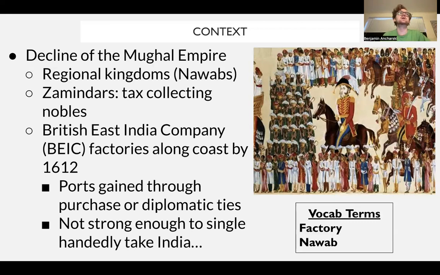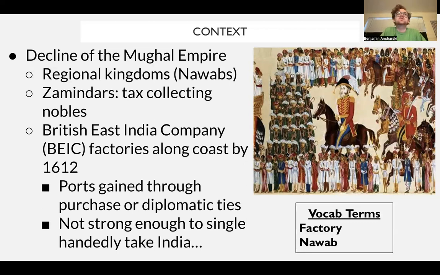So let's take a look at that change. How is the British East India Company going to acquire more and more influence over India? Before I continue, it is worth noting that the British East India Company was a chartered company. So it had government approval from the British back in Great Britain. But it was, for the most part, a private company. It did have stockholders, so I guess it is a public company.